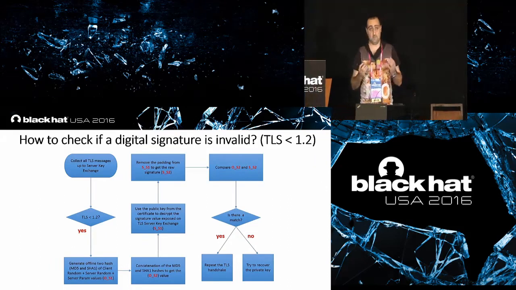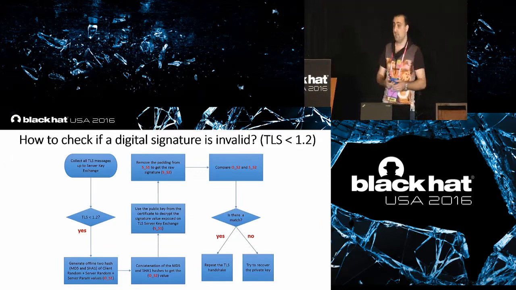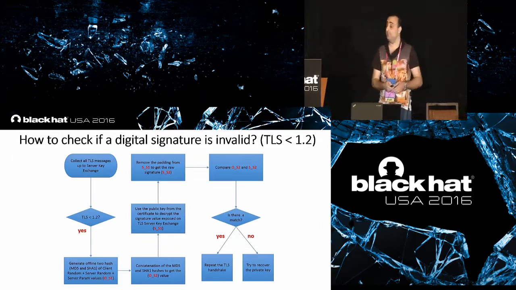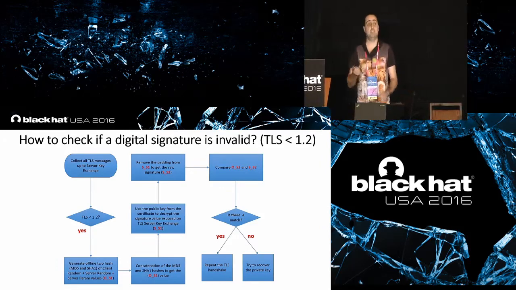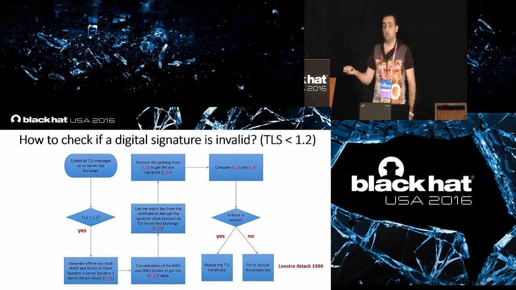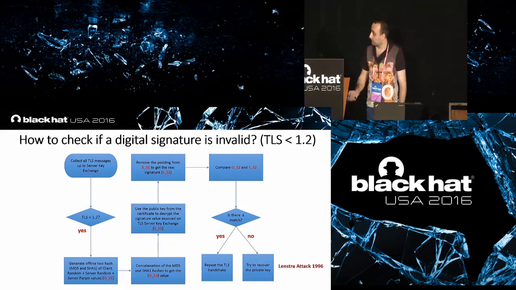If there is a match, the signature is valid. If there is a mismatch, it is of course the condition that the attacker wants to happen. It means that the signature is faulty, and the attack can continue by applying the original Lenstra attack of 20 years ago.